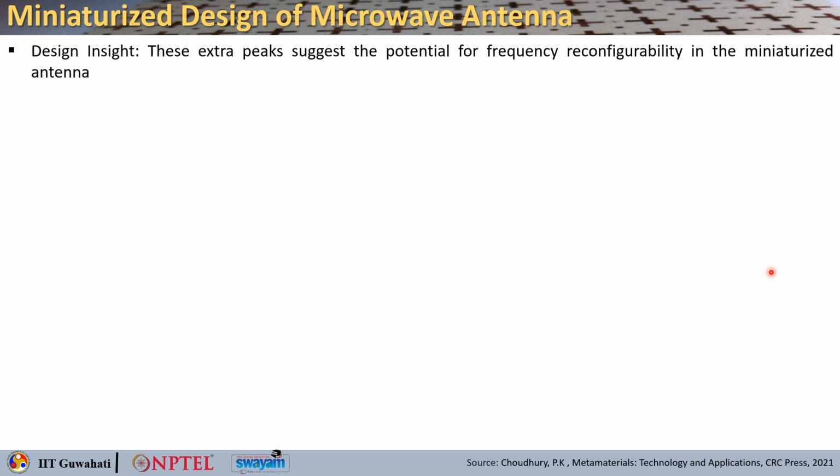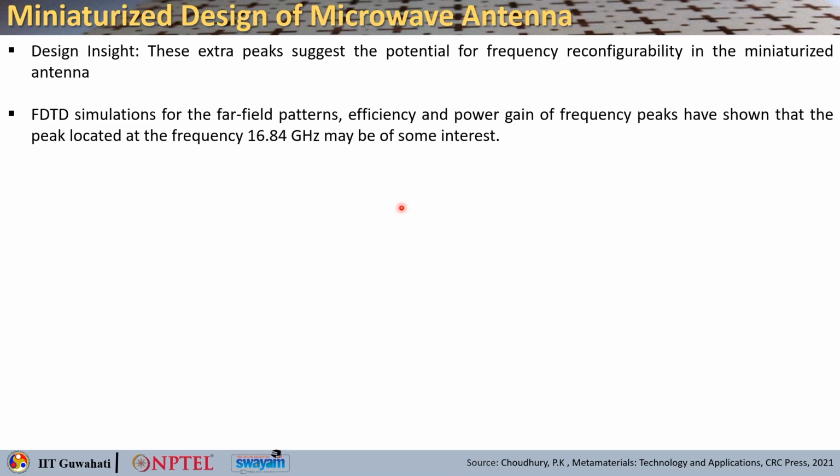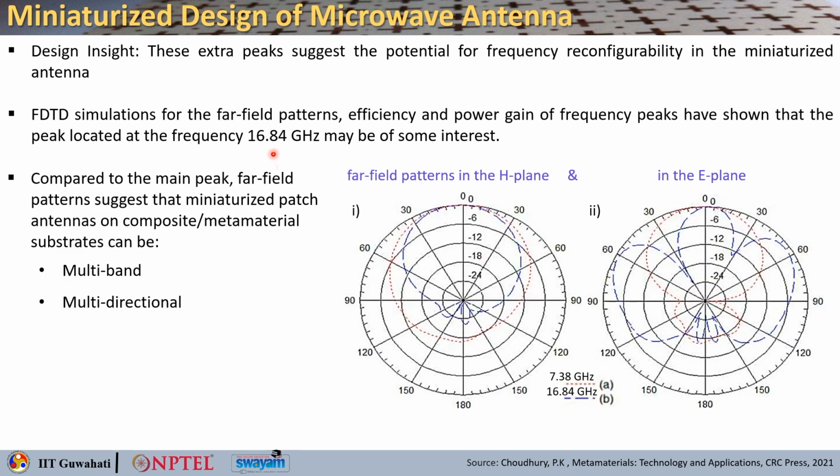Now, these peaks are of interest with a viewpoint of the possibility of the miniaturized antenna to be reconfigurable in frequency functionality, right. So, the FDTD simulations for the far field patterns, and efficiency and power gain of the frequency peaks have shown that the peak located at this frequency of 16.84 gigahertz may be of some interest, and you can see that here.